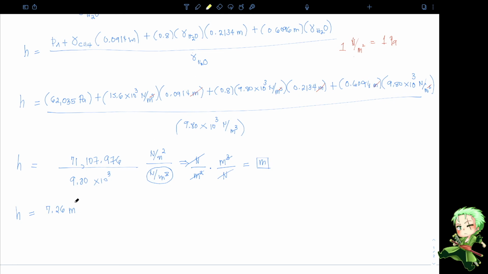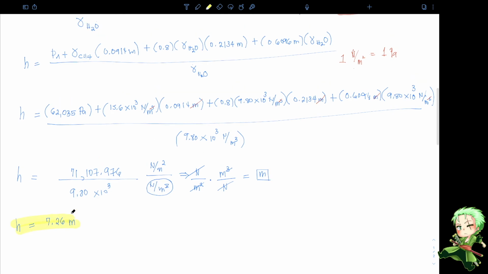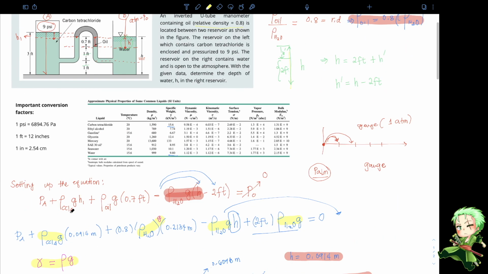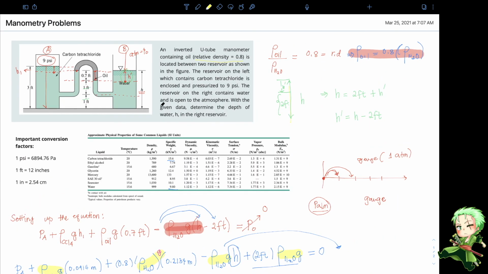So that means that the height of your water reservoir here is 7.26 meters from the bottom, meaning from this portion to the top portion. Okay, so that is how you solve this problem.